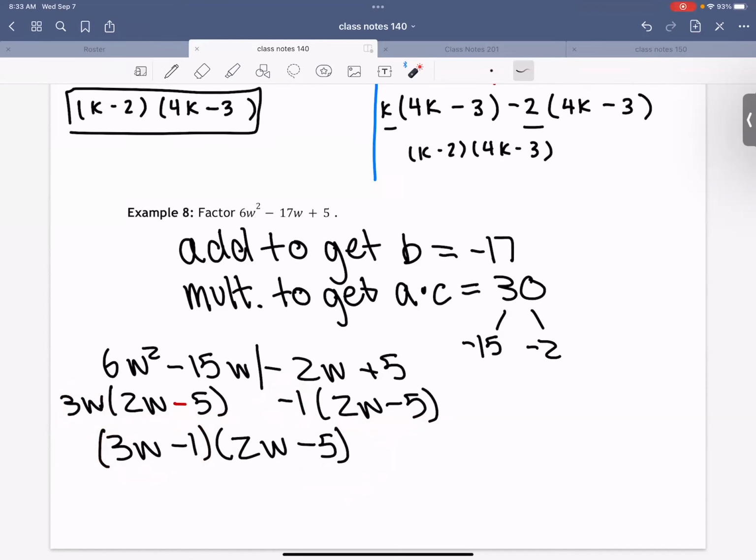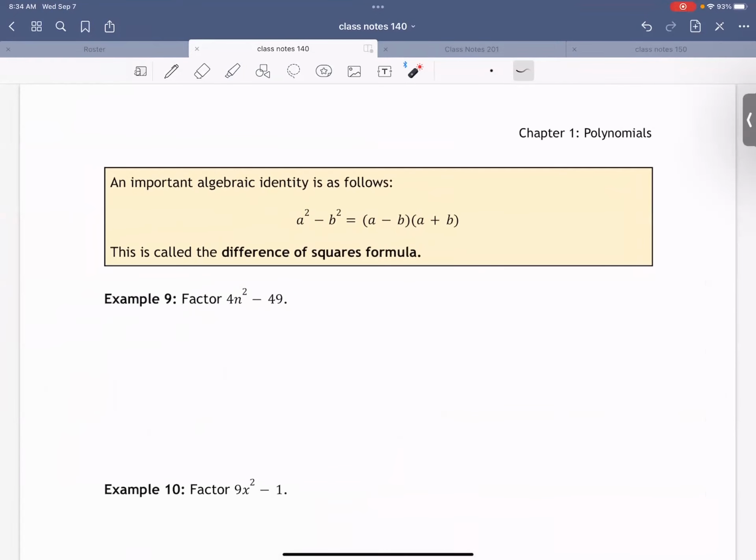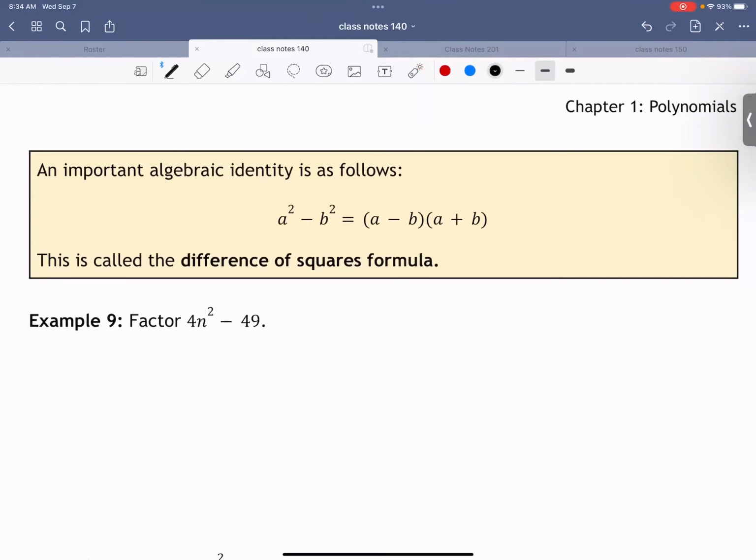There is one more type of thing that we can factor, and we call this the difference of squares. So we talked about when we have 4 terms, we talked about when we had 3 terms. Sometimes when we have 2 terms in a very special type of configuration, we can apply this thing called the difference of squares formula, okay? Basically, this is something you should probably memorize.